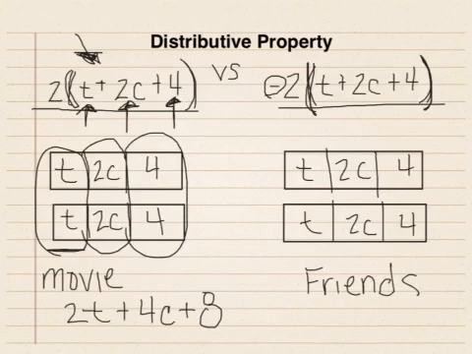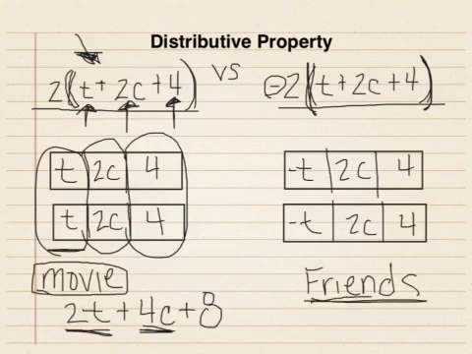And so we could see that, well, they bought 2 tickets, they together bought 4 candy bars, but we don't know how much the candy bars are, and they spent $8 on the popcorn. Well, that's what the movie theater would receive. They would receive this amount. Well, now if we look at the opposite, what's the opposite of earning or receiving? It would be spending, which is what the friends are doing.